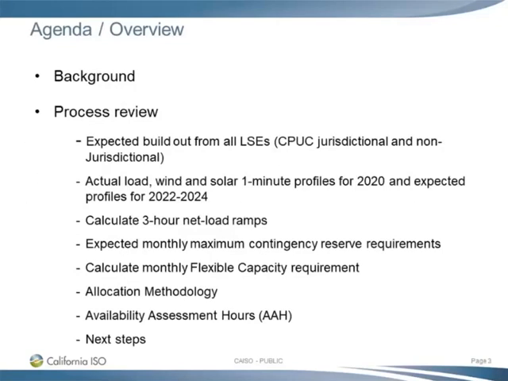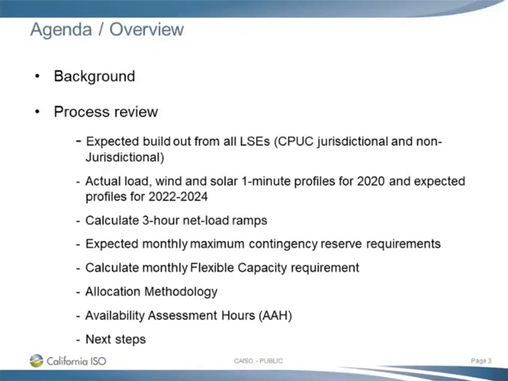So a quick overview on the agenda for today. We'll start off with a background and then jump into our process review. So that includes expected build out from all LSEs, including CPUC jurisdictional and non-jurisdictional. And then the actual load, wind, and solar 1-minute profiles for 2020 and the expected profiles for 2022 through 2024.